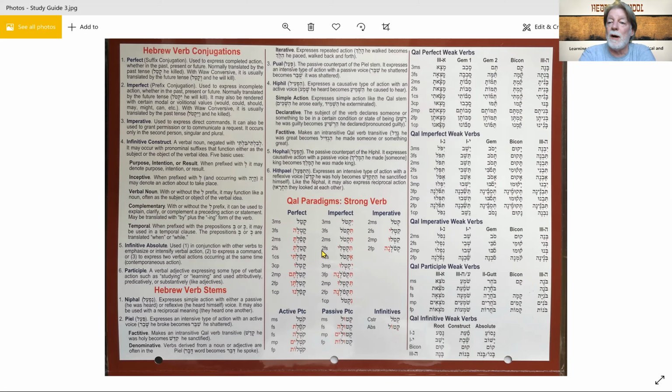So that is why, after we get done with the lesson for today, the remainder of the 4-page outline is just these paradigms, and I'm not going to spend a lot of time on them.